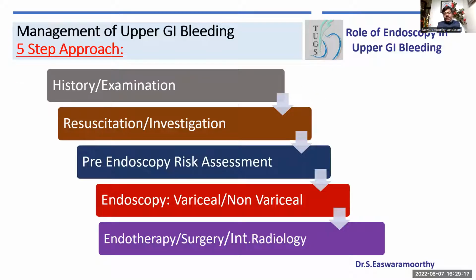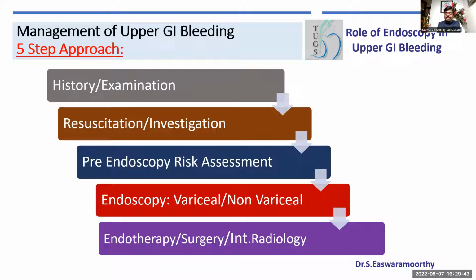Let's move on. If I'm going to see a patient tomorrow in my emergency room presenting with either of these symptoms, I'm going to go like a postgraduate in a 5-step process. First, have a quick history and examination. Second, make a working clinical diagnosis. Third, resuscitation should go along with your investigation. Then you need to decide how risky it is to do a procedure.